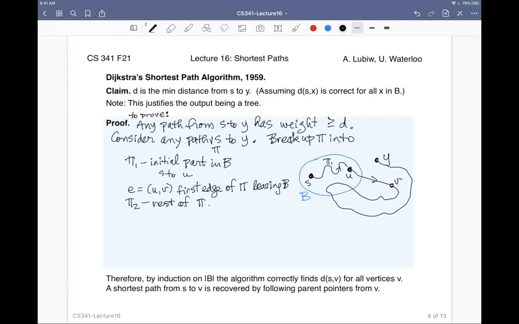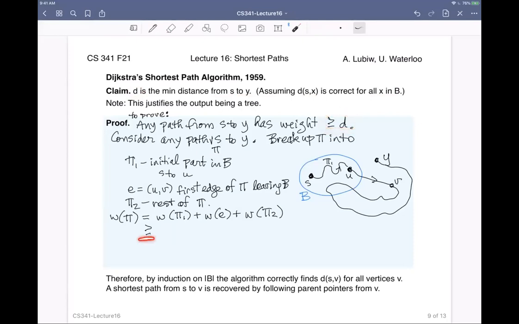Okay. So what is the weight of my whole path pi? Well, I've just broken it into 3 parts, right? So it's the weight of pi1 plus the weight of that edge E plus the weight of the remaining part. And I want to first say that I can ignore the weight of the remaining part. I am trying to show that the weight of this path is at least D, right?